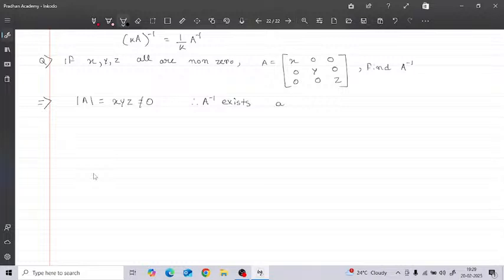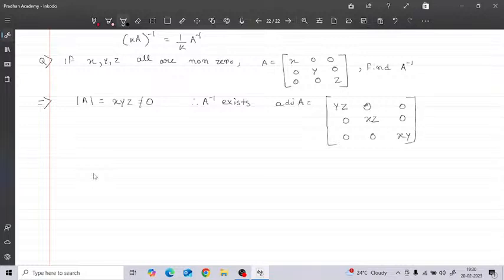So we have to find the adjoint of A. So what is the first cofactor? If you take this x out, the first cofactor is yz minus 0, so that's 0. The next cofactors are 0, xz, then 0, 0, xy.